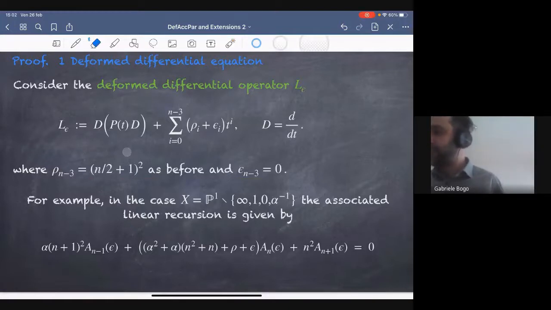To such a differential equation, you can always associate a linear homogeneous recursion. I put here the example of a 4-punctured sphere. We have this kind of recursion that lets you construct the holomorphic solution.